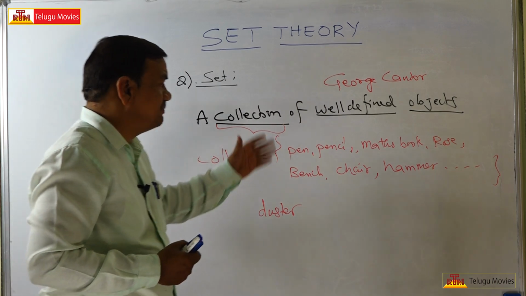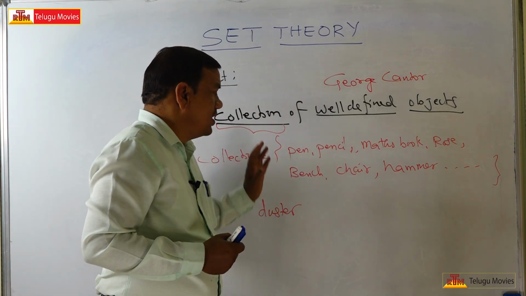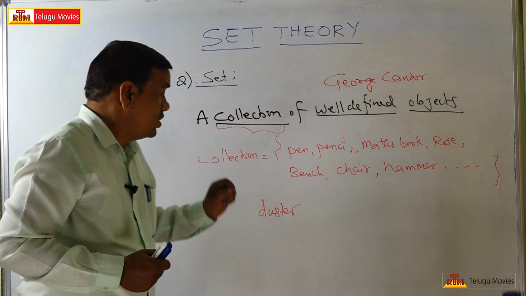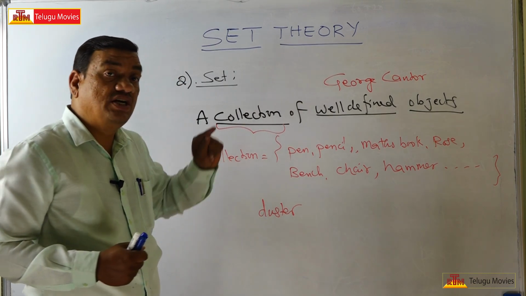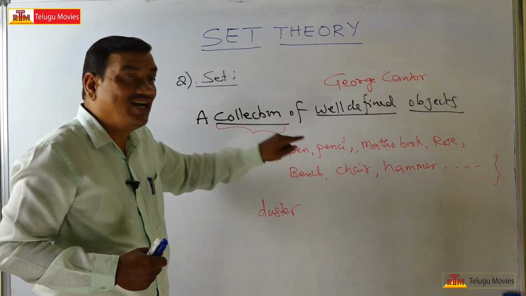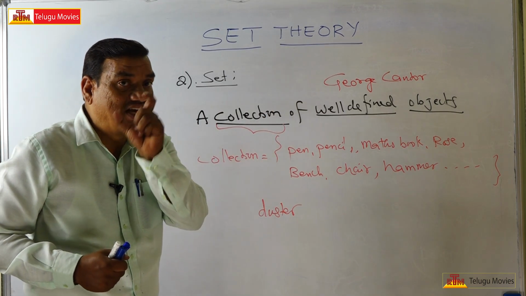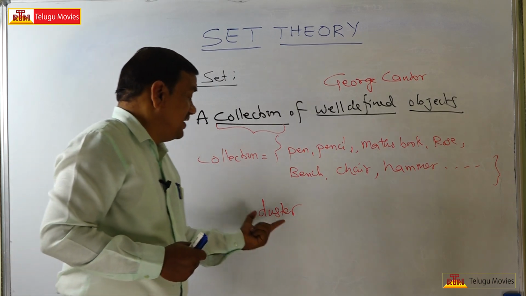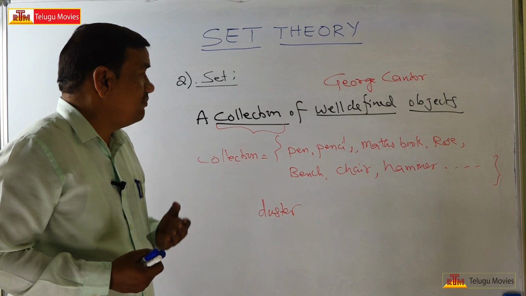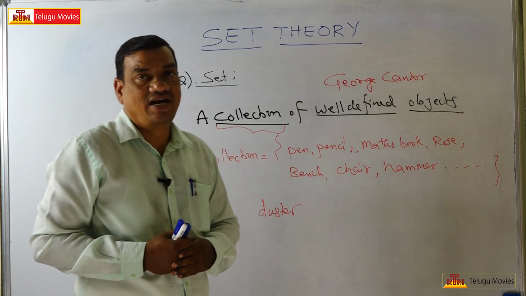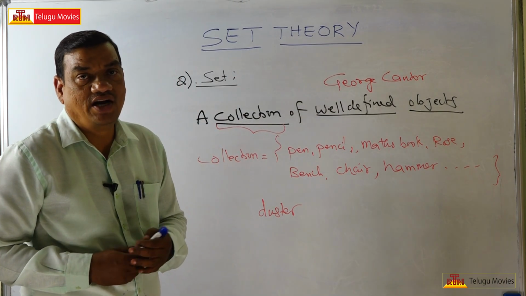If you take any object, we should be able to say specifically whether that object belongs to the collection or not. For example, if I say duster, I don't know whether the duster belongs to this collection or not. I cannot define it clearly. Understand?